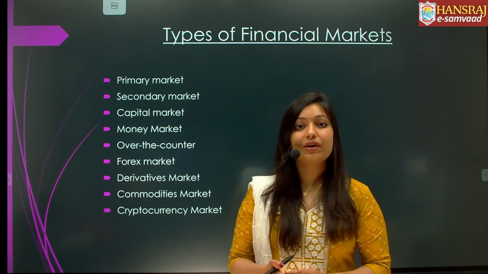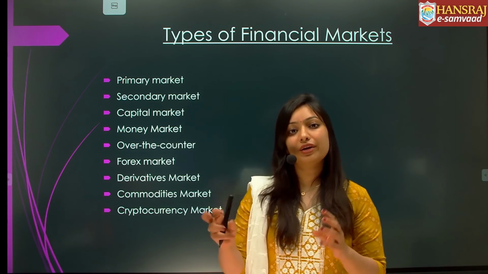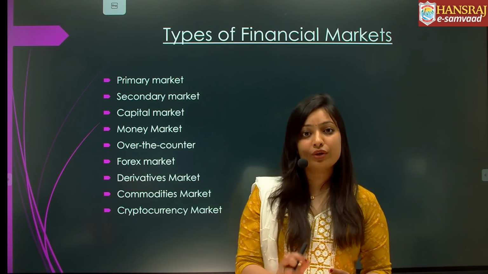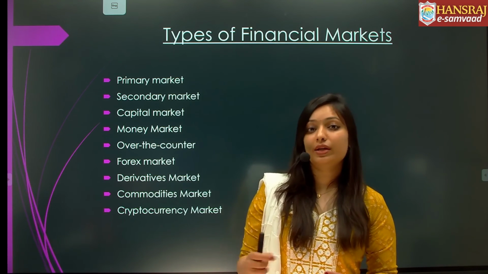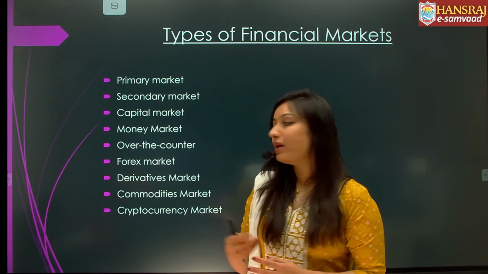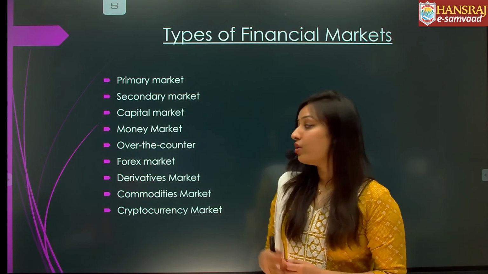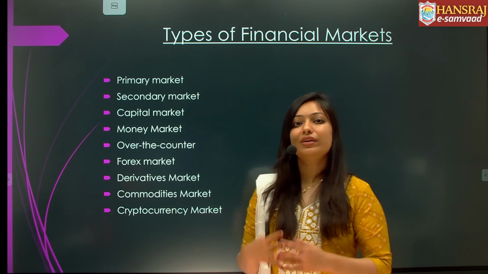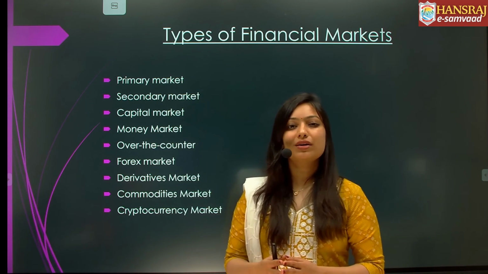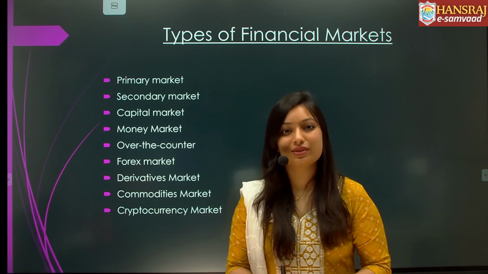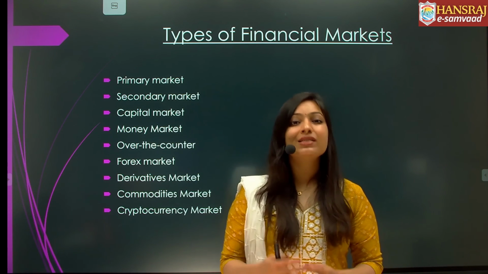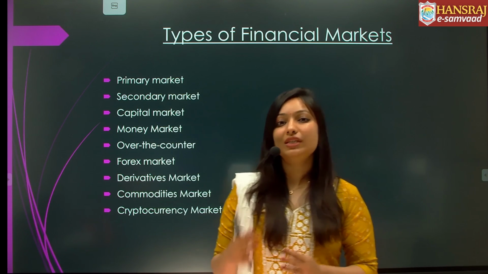In the secondary market, already listed or already trading securities can be bought and sold. Other markets are the money market, capital market, over the counter market, foreign exchange markets, derivatives markets, commodities markets, and the newly established cryptocurrency markets. We will discuss each market in detail in our upcoming videos.